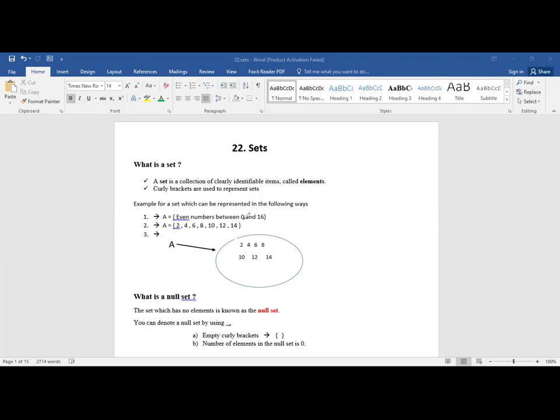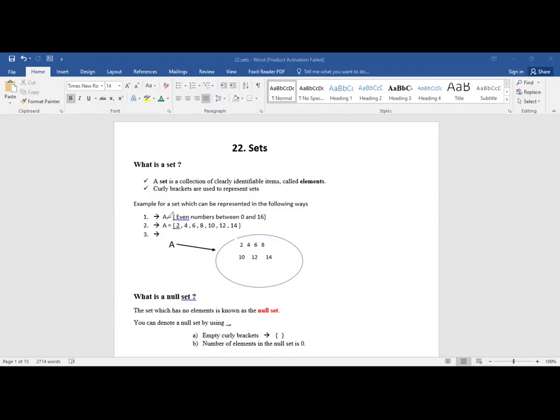Even numbers between 0 and 16. That is the description of the set. A equals, inside curly brackets, even numbers between 0 and 16.